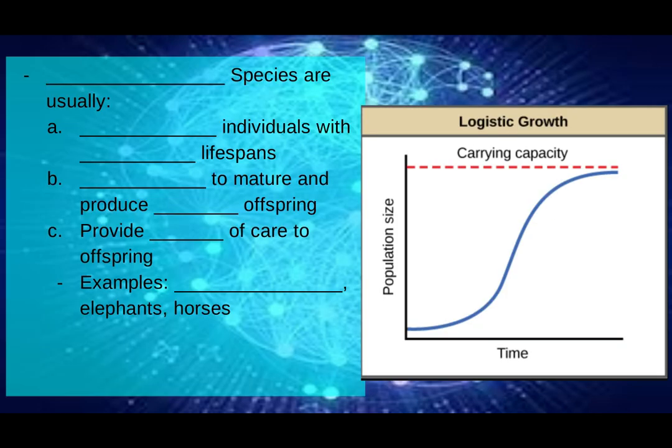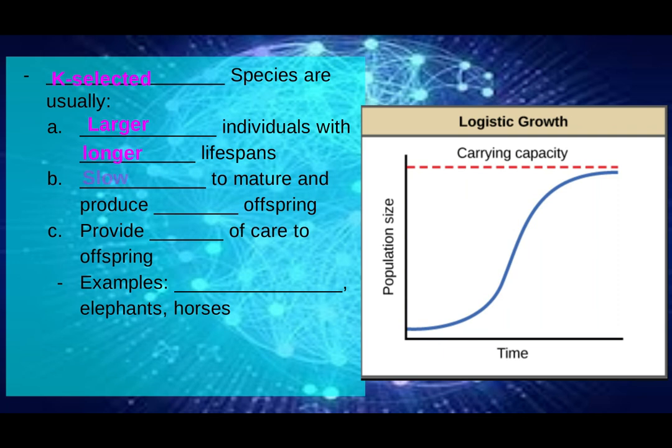So with species, what does this look like? What kind of species would undergo logistic growth as opposed to exponential? So we call these K-selected species. It's usually pretty much the opposite of your exponential or R-selected species. So these ones tend to be larger individuals that have longer lifespans.